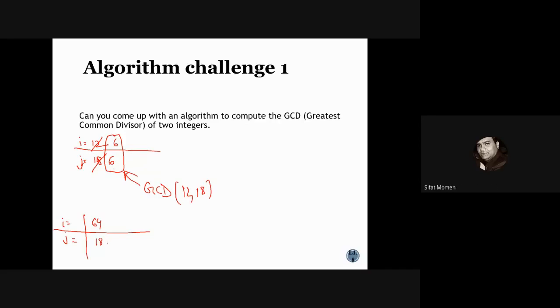Is it so? Okay, let's check. Let's use our strategy. That means now there will be many iterations, but let's see. 64 and 18, which one is larger?